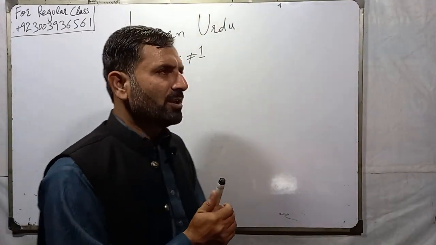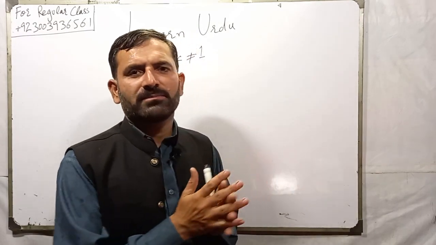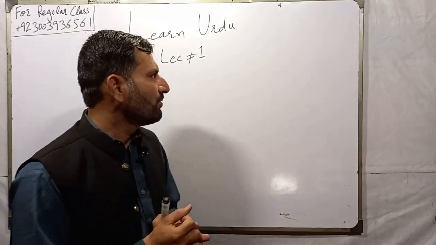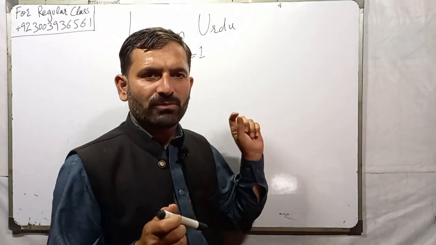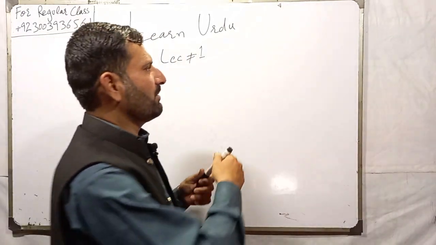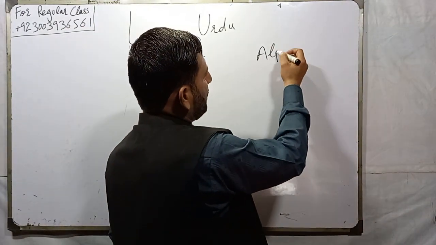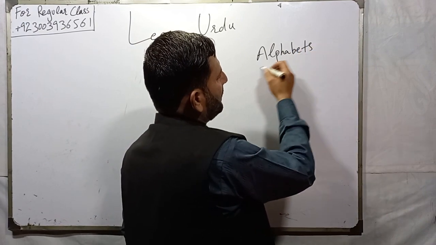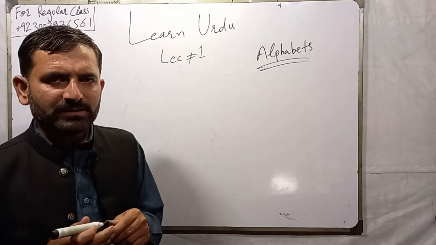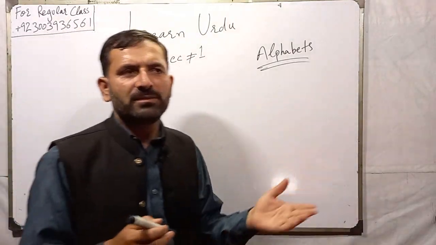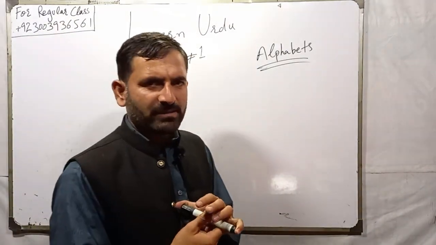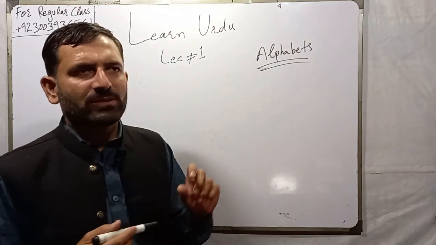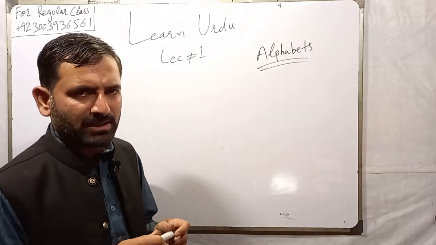As each language has its own alphabet, we shall start with the Urdu alphabet first. Just as in English A, B, C, D up to Z are the alphabet, similarly Urdu has its own system of letters.